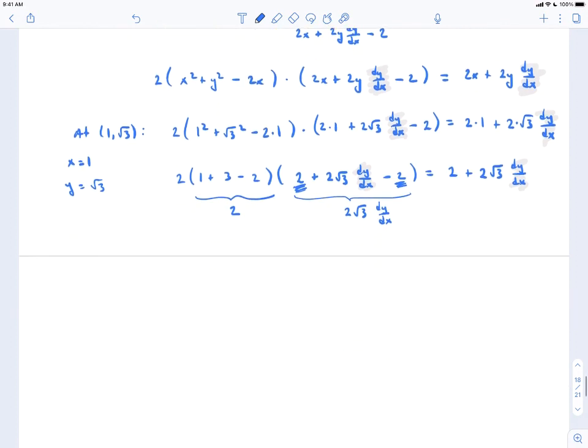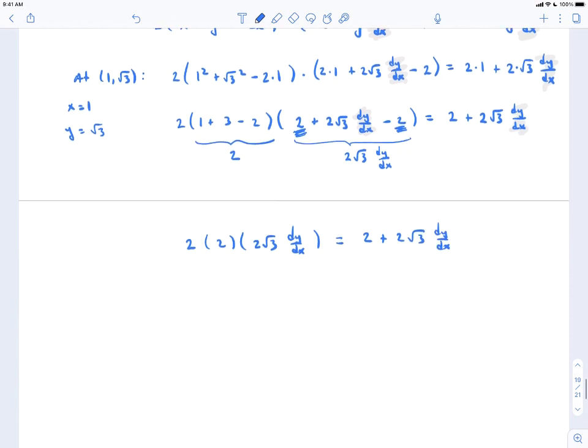So we've got 2 times 2 times 2 square roots of 3 dy dx is equal to 2 plus 2 square roots of 3 dy dx. On the left, 2 times 2 times 2 is 8 square roots of 3 dy dx.